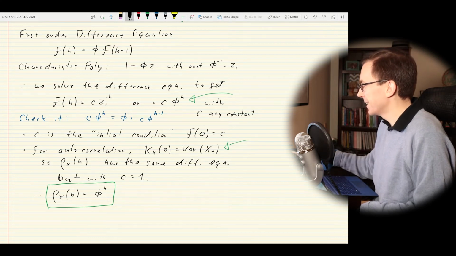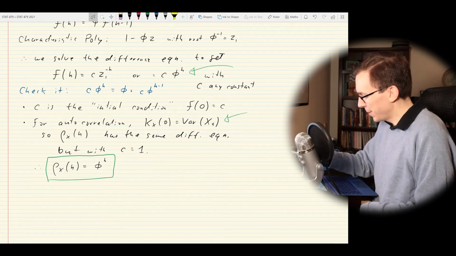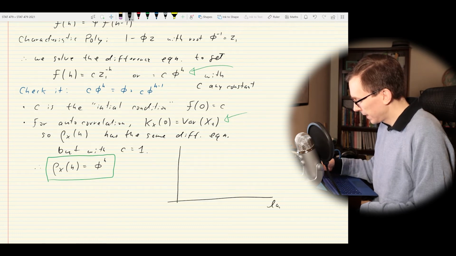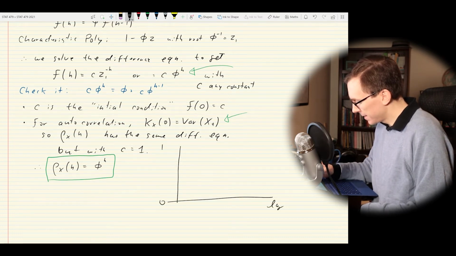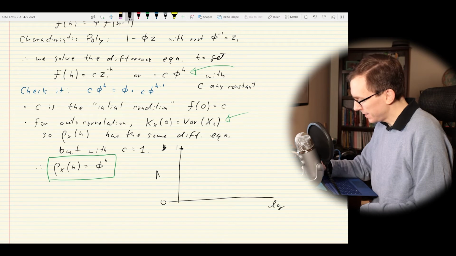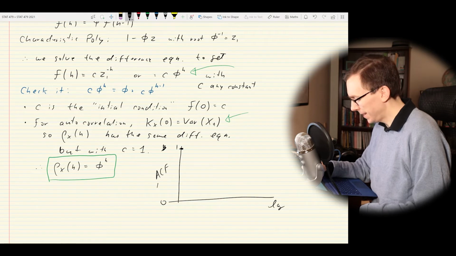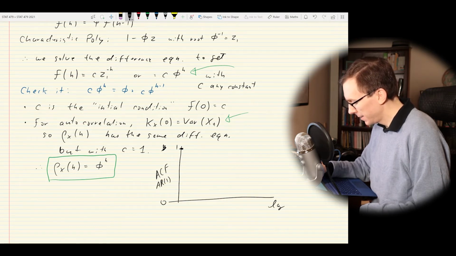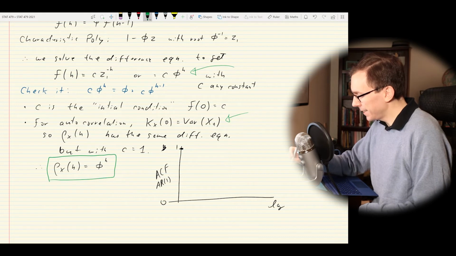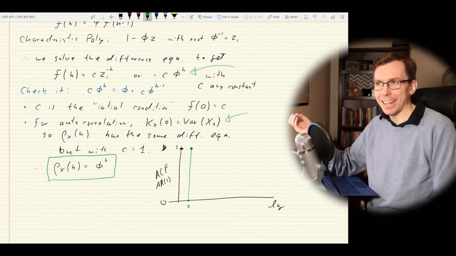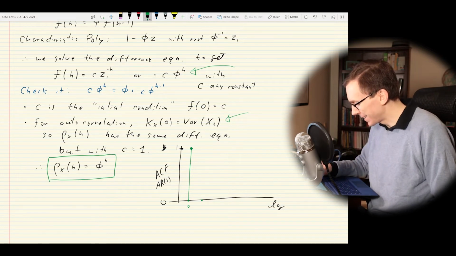So what does that mean? Well, that means that if we were to plot the ACF function, let's say this is lag, and this is 0, and this is 1, and this is the ACF for AR1, then at 0 we always get a correlation of 1, because the process at the same time is perfectly correlated with itself.